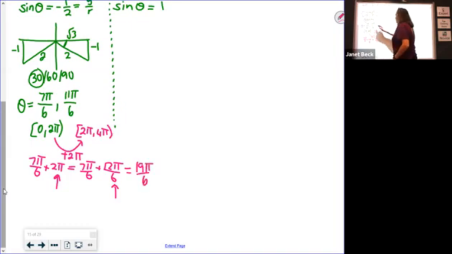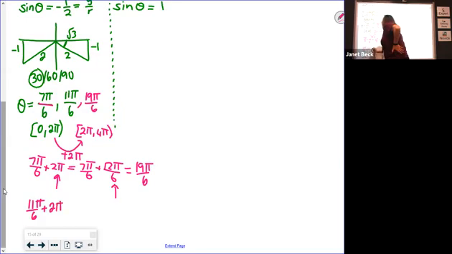That's my first solution. That was getting that 7 pi over 6 and adding 2 pi to it. And if I get 11 pi over 6 and add 2 pi to it, I'm adding on 12 pi over 6. So that gives me 11 plus 12 is 23 pi over 6.